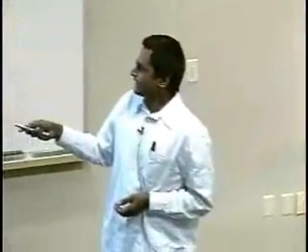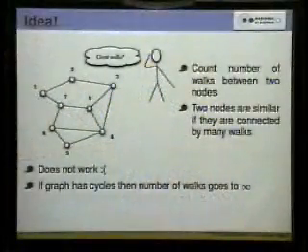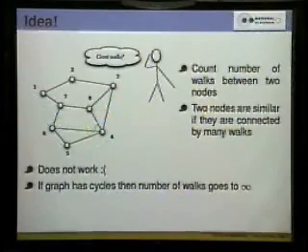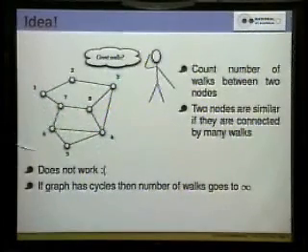What's the problem? To illustrate, let's say I want to count the number of walks between 1 and 3. Of course there is one walk which goes 1, 2 and 3, there's another walk which goes 1, 7, 8 and 3, but then I could do 1, 7, 6, 5, 4, 8 and 3, and I can keep looping in 6, 5, 4 infinitely and then go to 3.